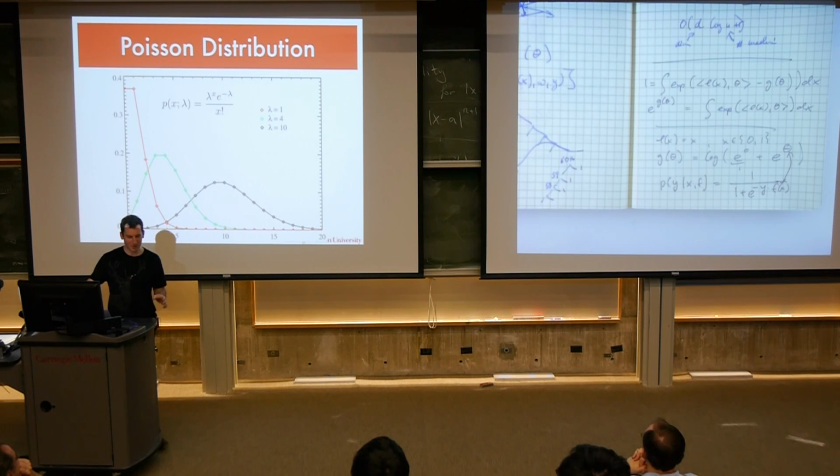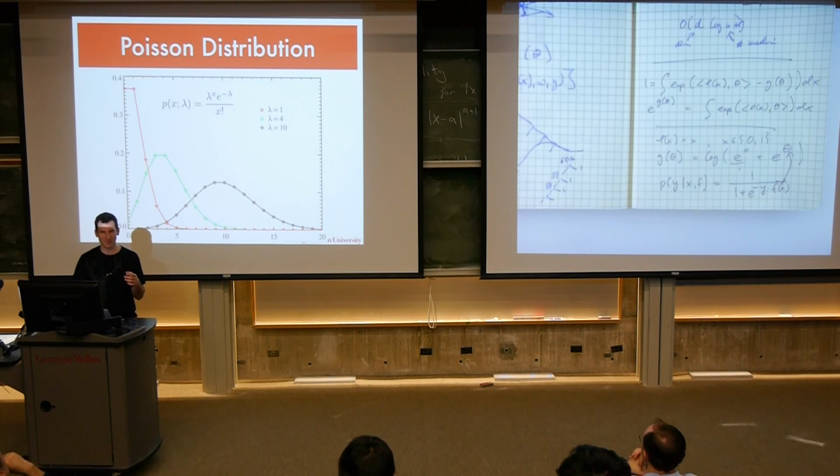A rather morbid example of where the Poisson distribution also applied. So the Prussians, more specifically the Prussian army, was very well organized. So they kept statistics on everything. For instance, the number of soldiers who died from a horse hitting them on their head. Now this turns out to be a completely random event.